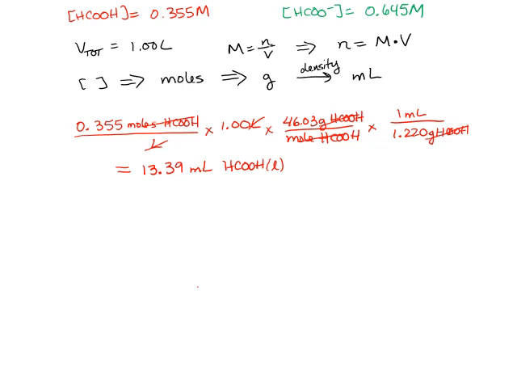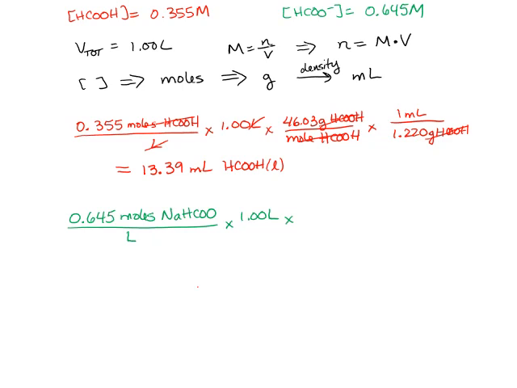In terms of the sodium formate, we want to add 0.645 moles of sodium formate per liter of solution. We're going to make a total of 1 liter of solution.